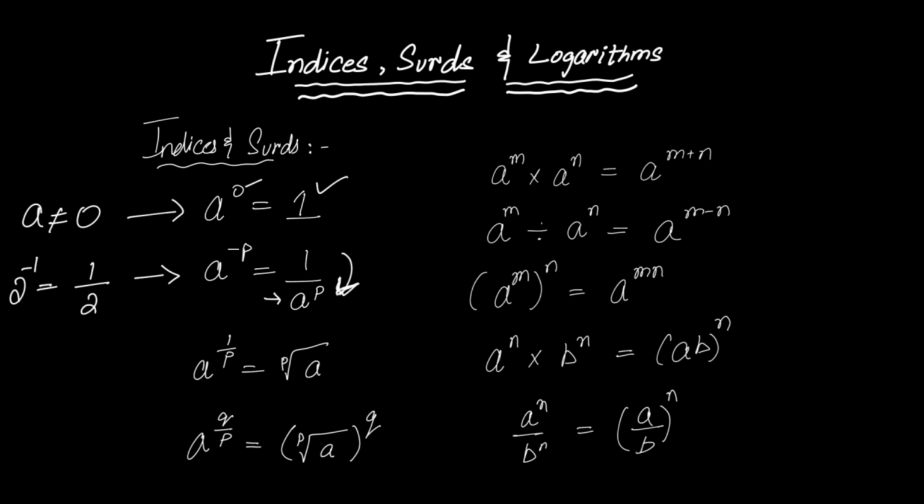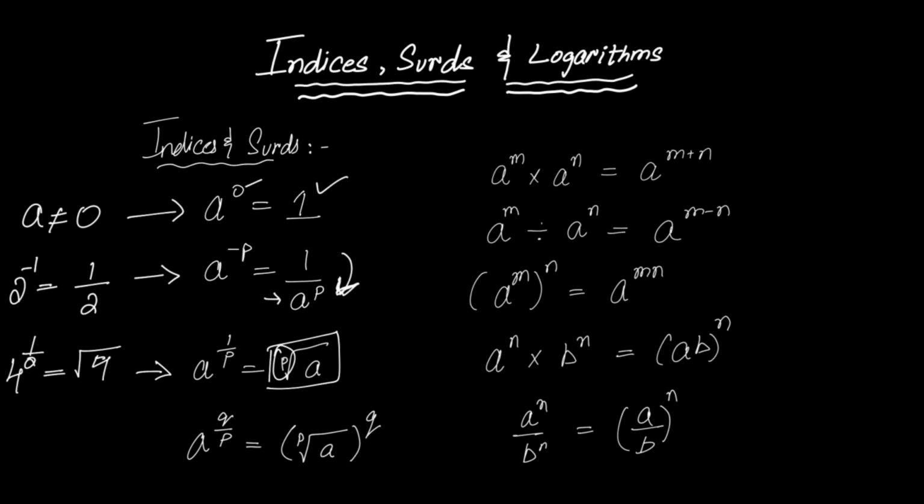Okay, so if a number has a fractional power, that means that number is being rooted. So for example, 4 to the power half will be equal to root 4.